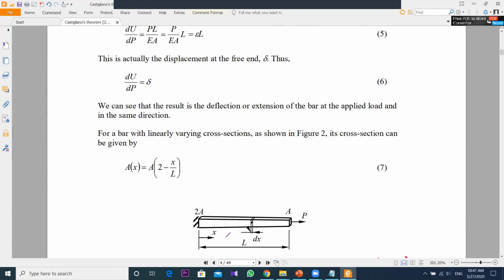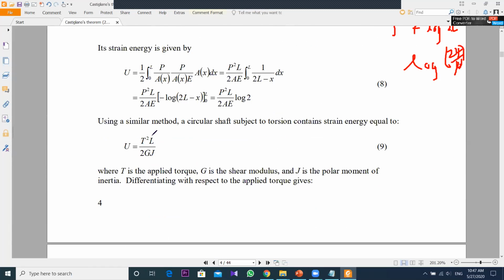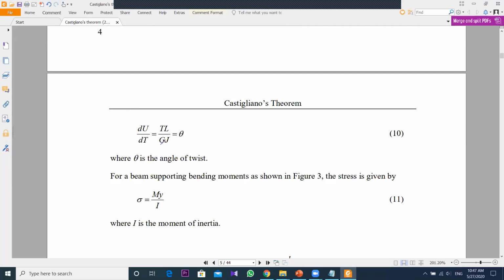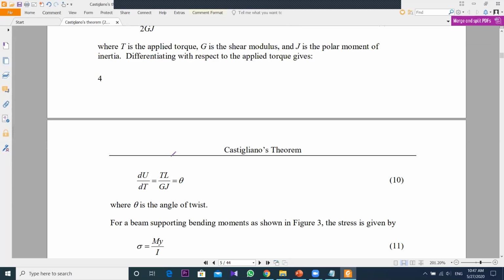Okay, so just believe me now, and you can deal with that equation later at home. So this is the equation. T is the torque, and G is shear modulus, like elastic modulus. This is polar moment, and the initial length, like that. As I told you, if you want to find out the deflections, in torsion there is no deflection.